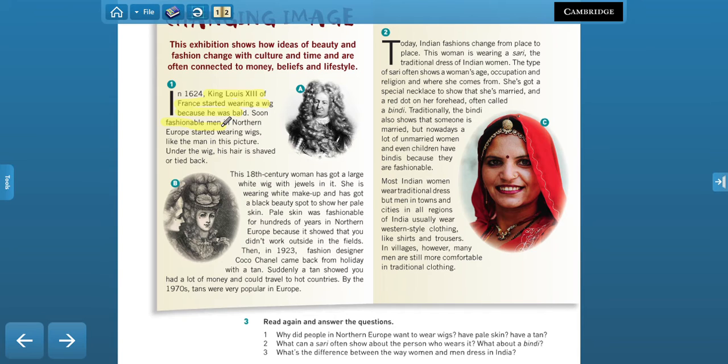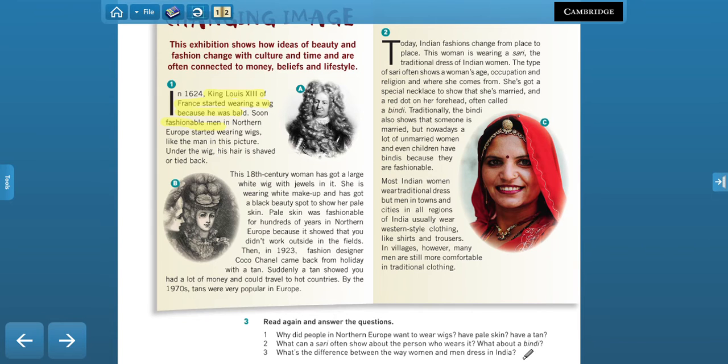So they shaved their heads, or they tied back their hair, maybe in a ponytail or a bun in that case. And then they wore wigs, right? To not copy but follow the king's trend. They wanted to be a bit like the king.